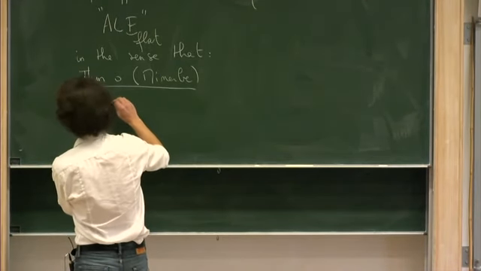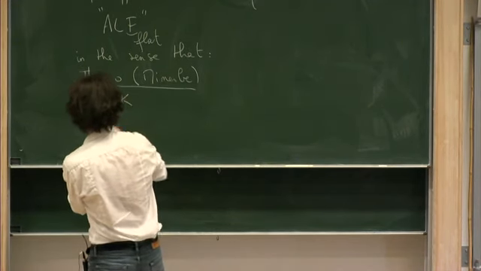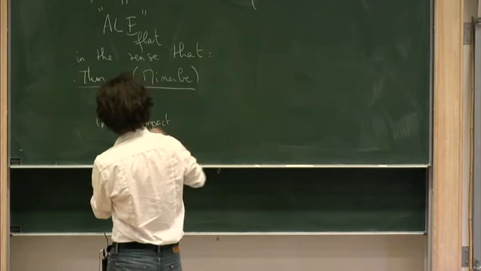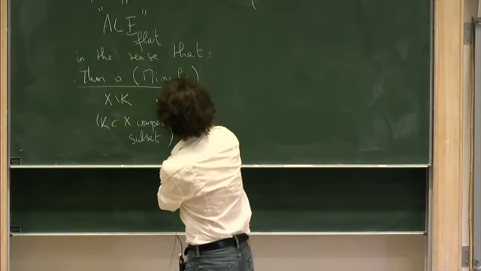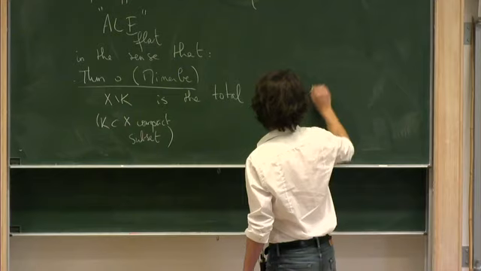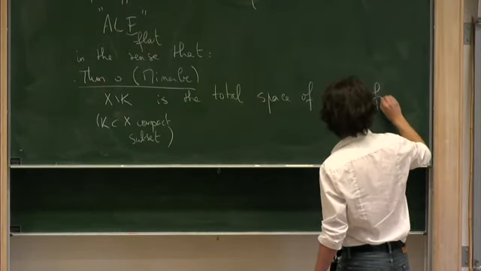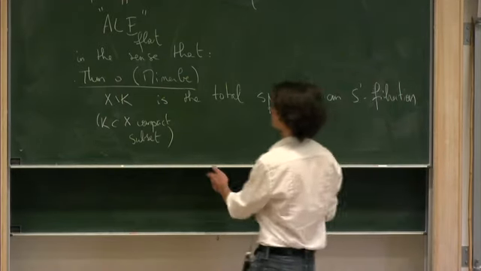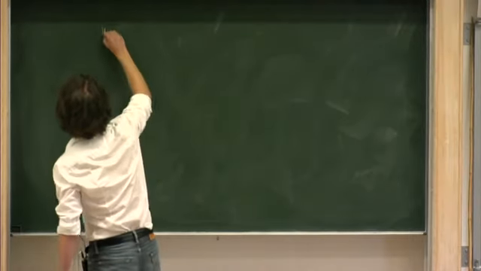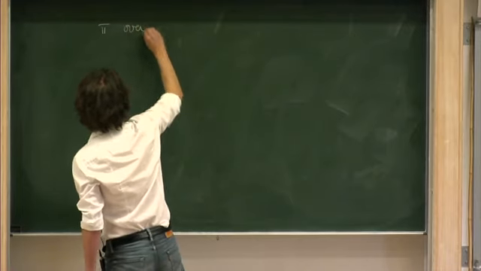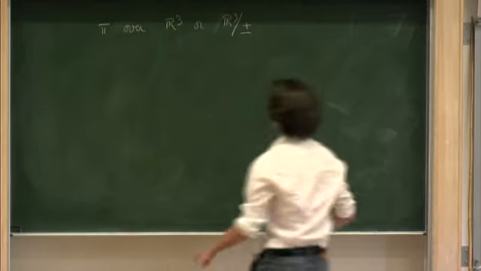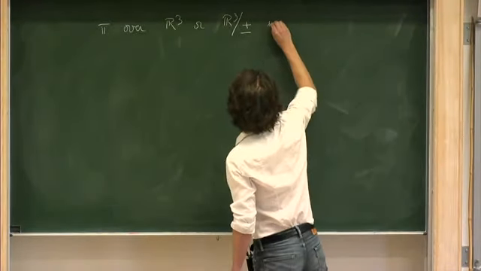X minus K, where K is some compact subset, is the total space of an S1 fibration, which I denote by pi, over R3 or R3 quotiented by antipody, minus a ball.